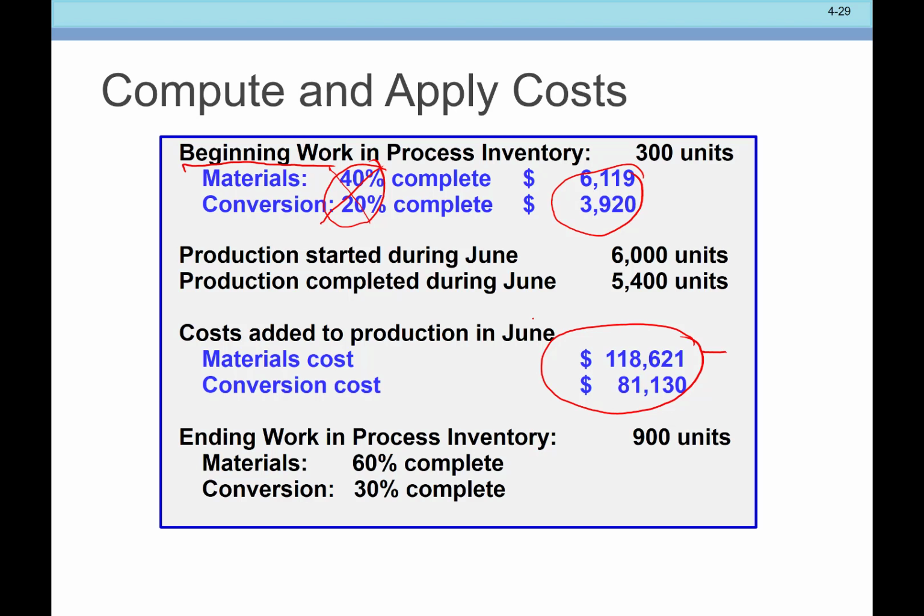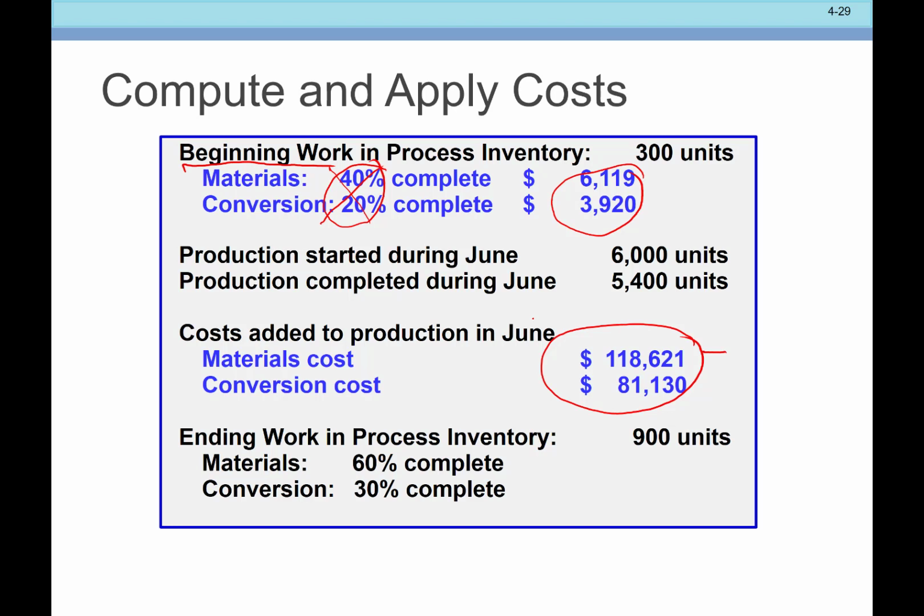So we gather all of the cost: the cost in beginning inventory and the cost added for the period, and we're going to use that to come up with the weighted average cost per unit for our work in process, so we can then see what the cost is. And the way the book presents it, the cost of the units in ending inventory and the cost of the units transferred out.